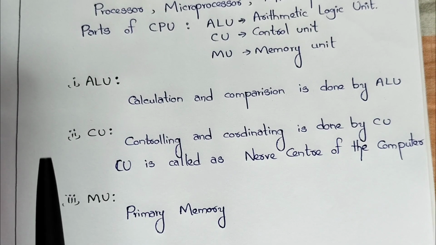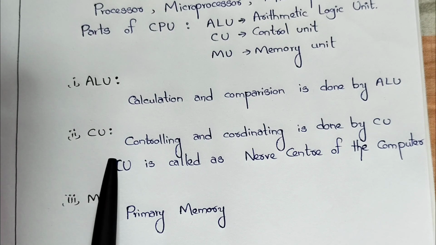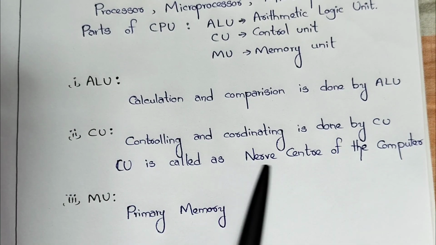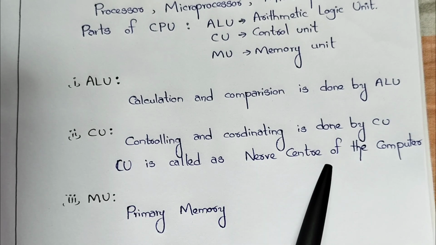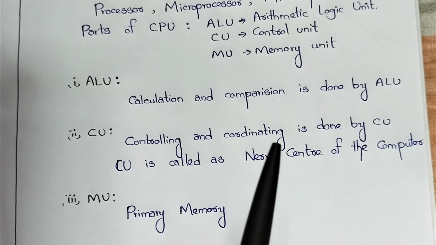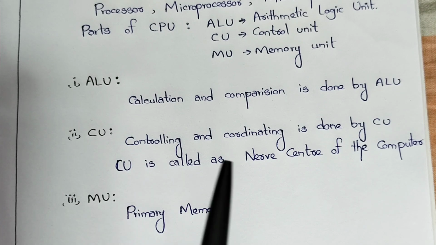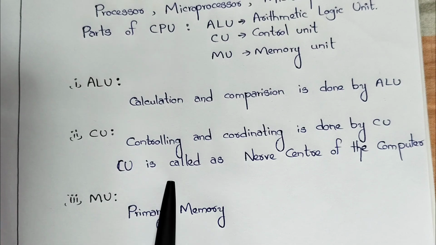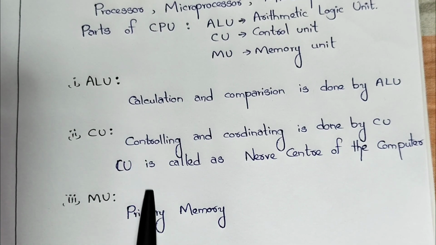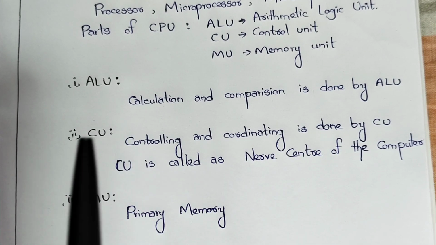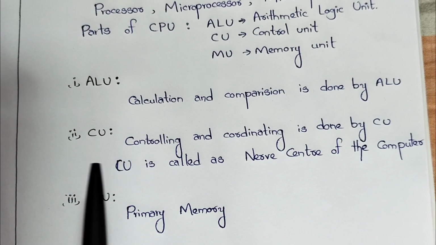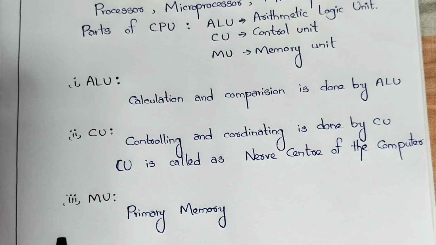CPU is the brain of the computer, and control unit is the nerve system of the computer. In examinations they can ask what is the nerve center of the computer, then you have to go with the control unit. So remember this, nerve center is control unit and brain of the computer is CPU, central processing unit.